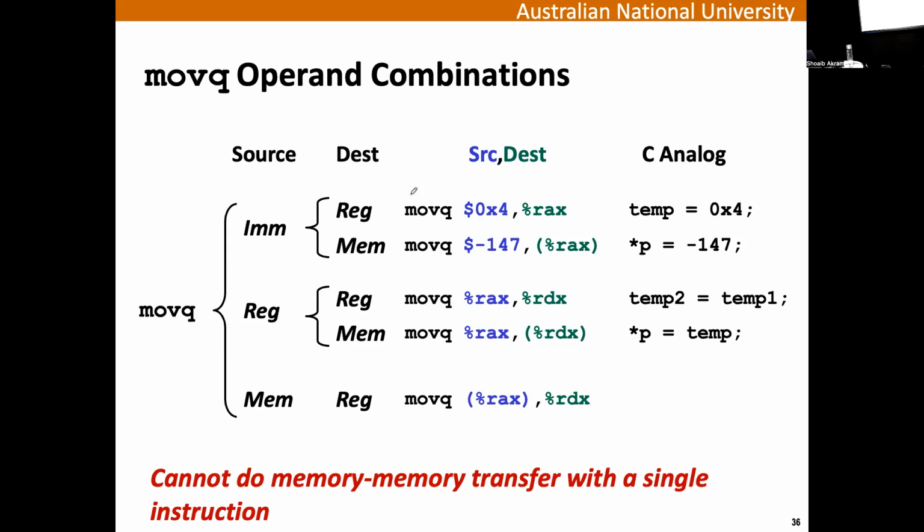But in the applications you write, you probably create tens of variables. So this time we are bringing the contents of the memory location. What location? The address is in RAX. And we are bringing it and storing it in the variable that is represented by RDX.